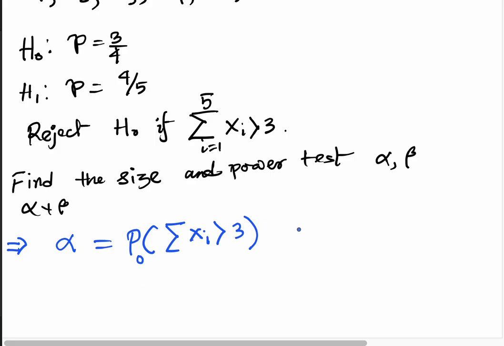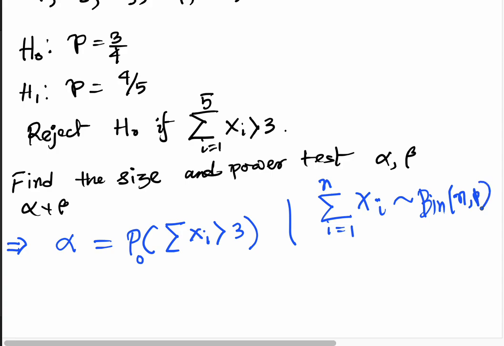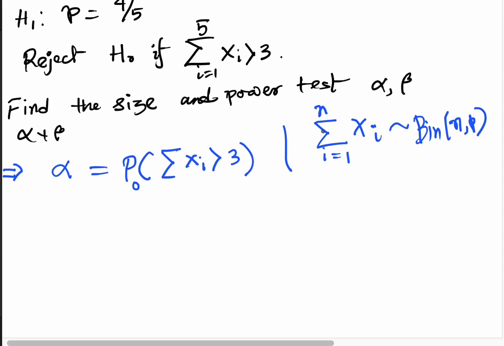We know that the summation of n binomial variables, suppose X, will follow a binomial with parameters n and p. So here n is 5.